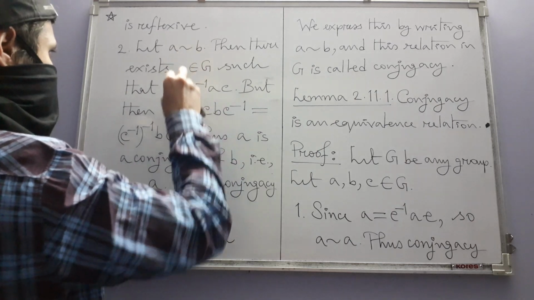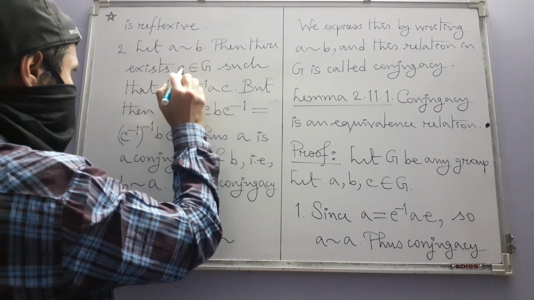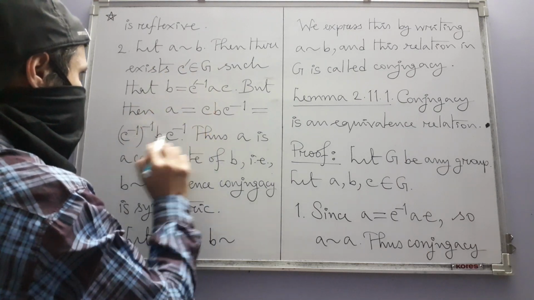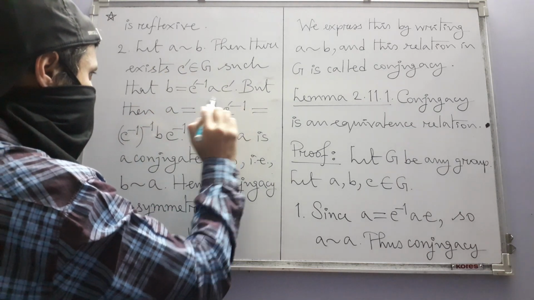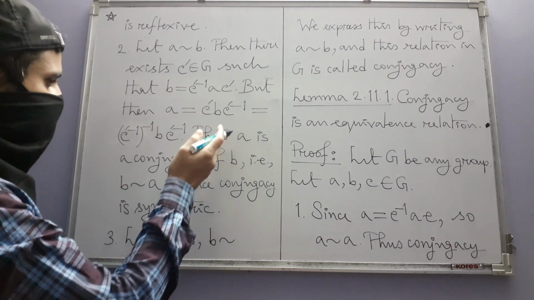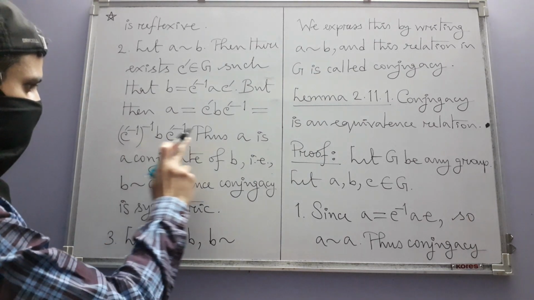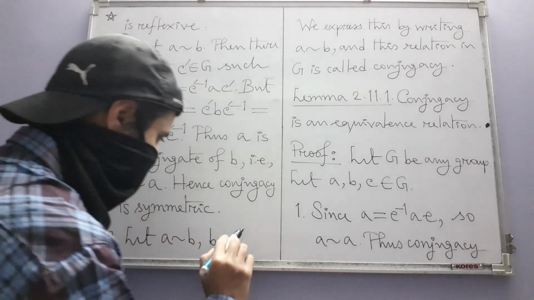So let me change this to what? Let me keep C, but let me make it C prime, because this C prime may not be C, that is something else. Yeah, now it's okay.